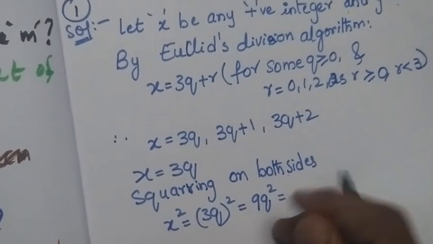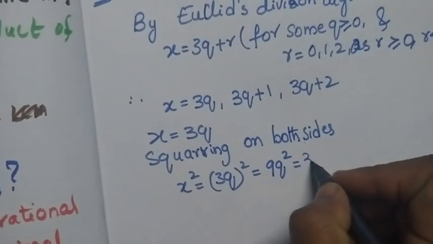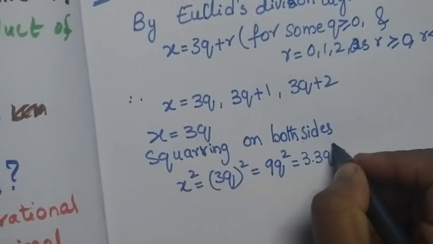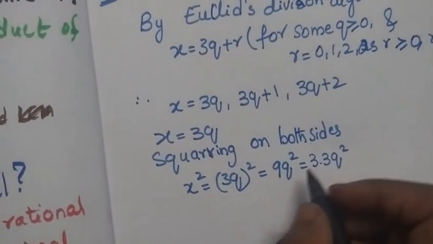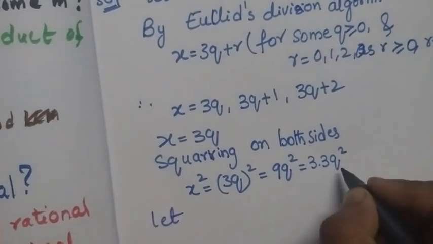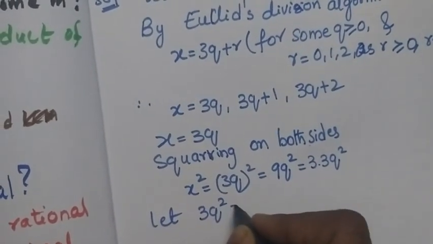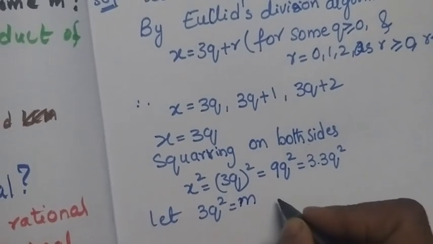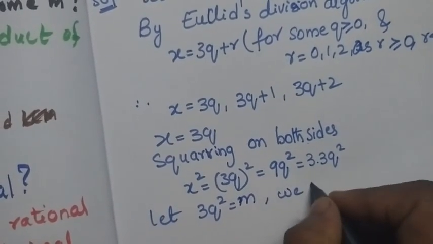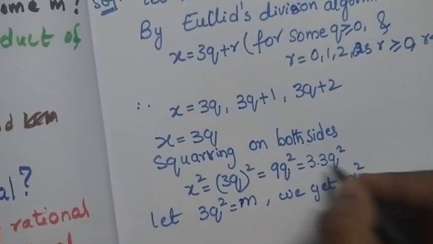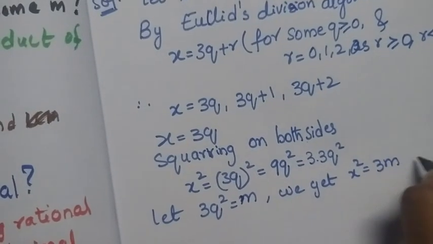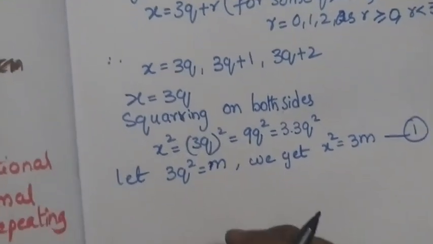We can also write it as 3 into 3q square. Let us take 3q square equal to m. Then we get x square equal to 3m. This is the first equation.